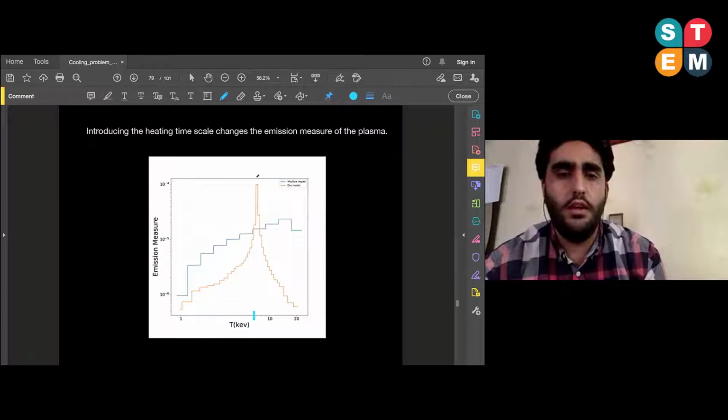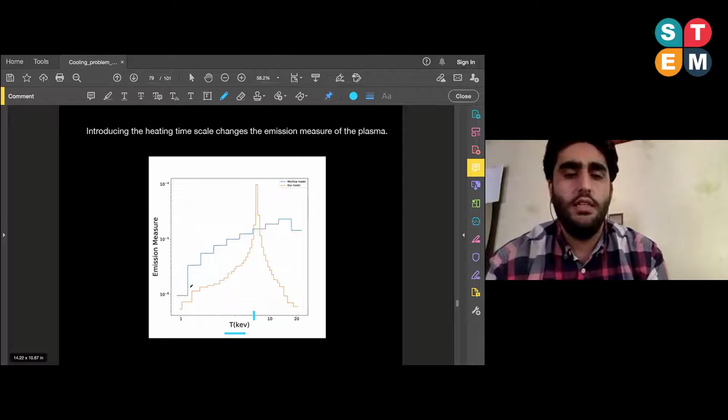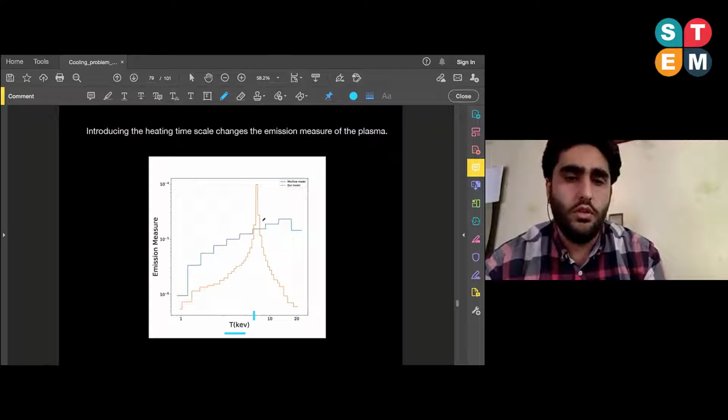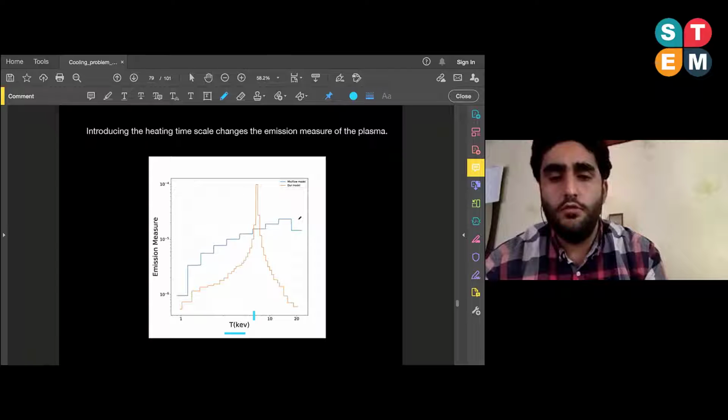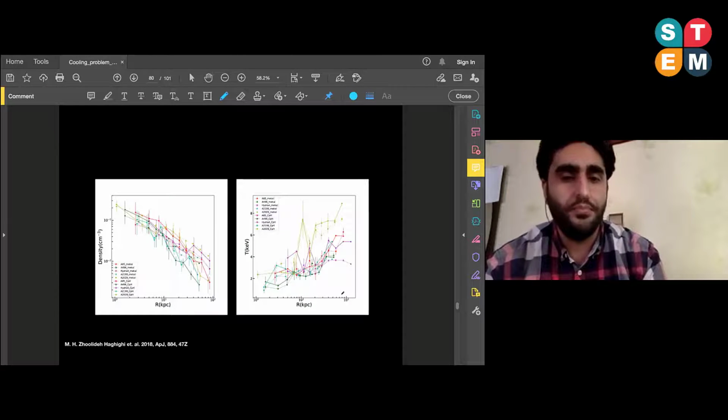The probability distribution of plasma based on temperature in each annulus is related to emission measure. And you can see that the MKCFLOW model has to define some cutoff for temperature, but our distribution is really natural and has a Gaussian type.